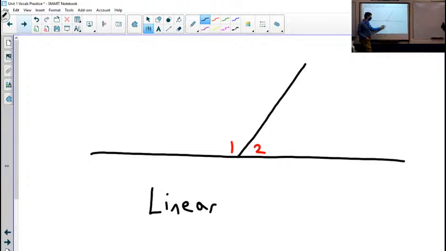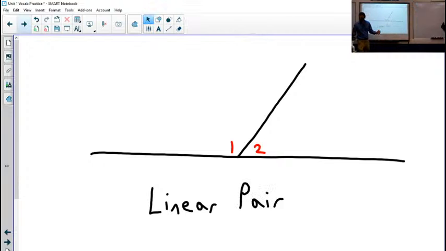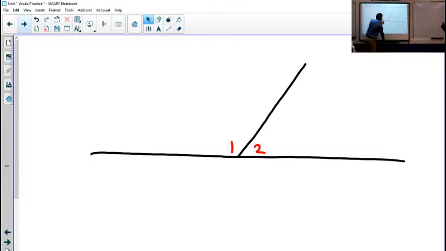Linear pair, because it does exactly what it advertises. A linear pair is a pair of angles that make a line. Angles 1 and 2, if I put them together, would form a straight line. So that's why we call them, what again? Linear pair.